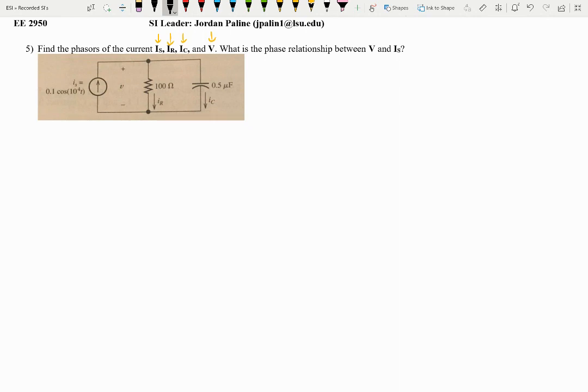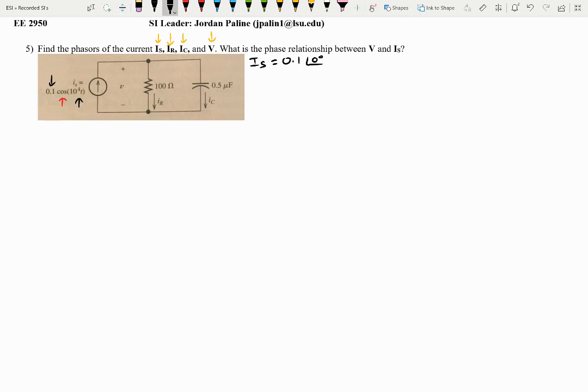First things first, let's take a look at the source that we had over here. You see this is cosine, so we're good. We pull our I of S, just a bit of quick practice from the previous problem. Just pulling the magnitude value out there, and then we have a 0 phase angle, so we're fine.